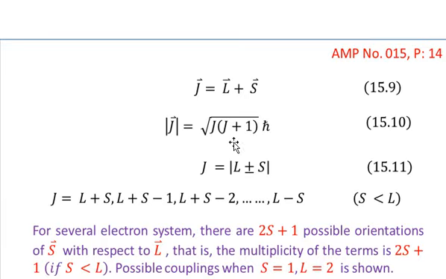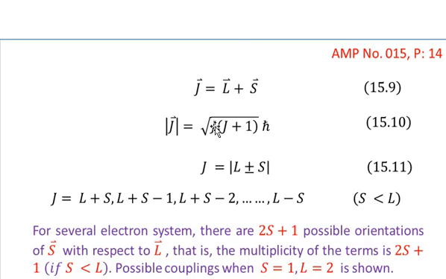Here J inside the square root is the total quantum number, whereas the mod of the J vector is the magnitude of the total angular momentum of the atom. So on the right-hand side we have the quantum number, and on the left-hand side the angular momentum.